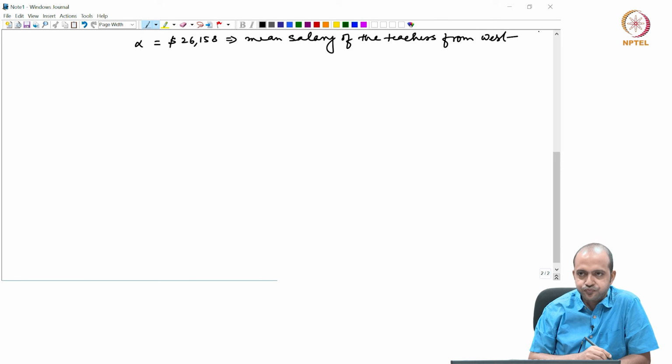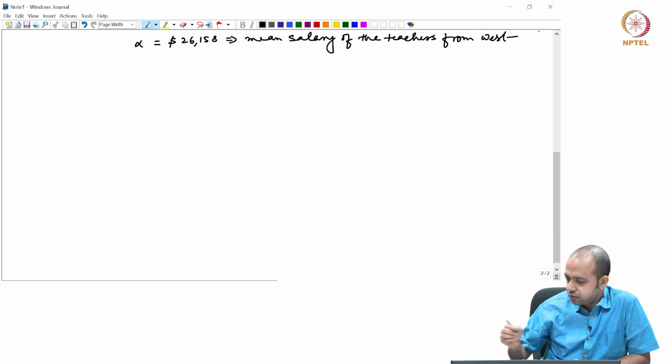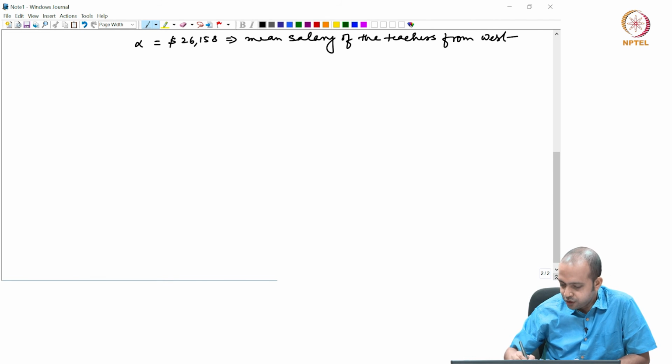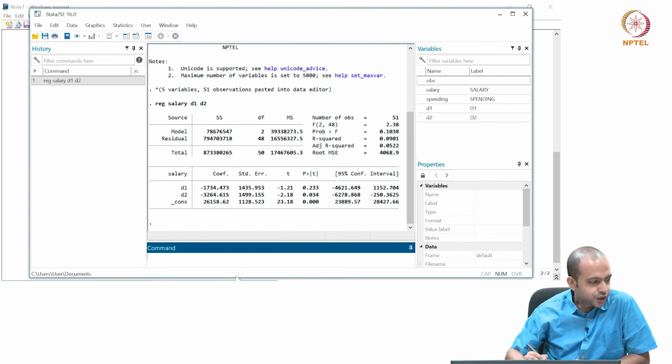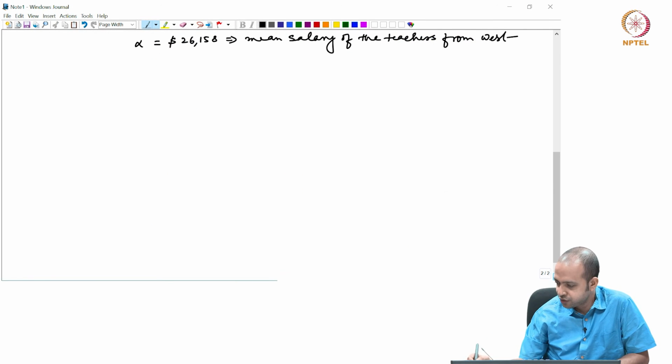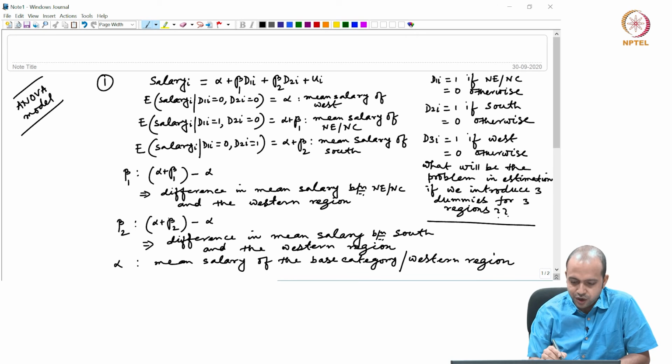Okay, west. And then how will you interpret d1 and d2? As I told you, d1 means actually the beta 1 in our example. Beta 1 is the difference in mean salary between the northeast, north central and the western region.